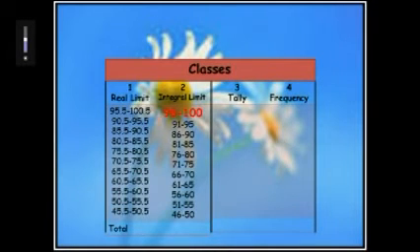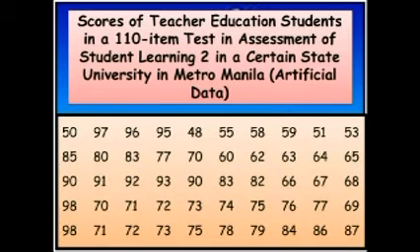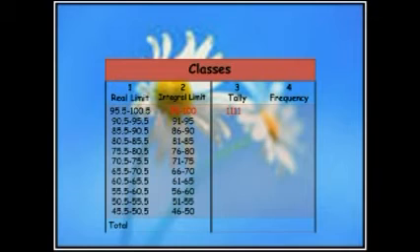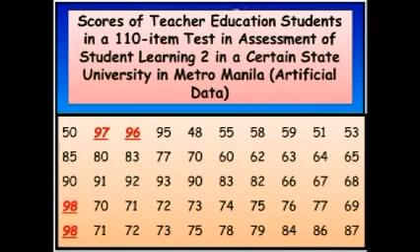Our first class limits are 96 to 100. Let's go back to our first table and count the students who got a score from 96 to 100. How many students got a score of 96 to 100? Yes, you are correct. We have 4 students who got scores of 98, 98, 97, and 96.